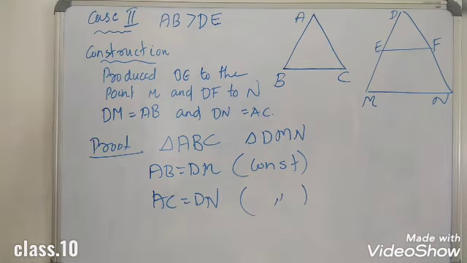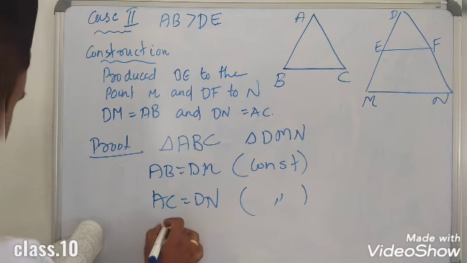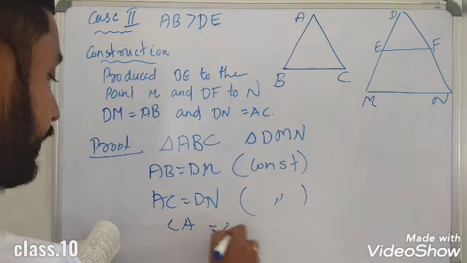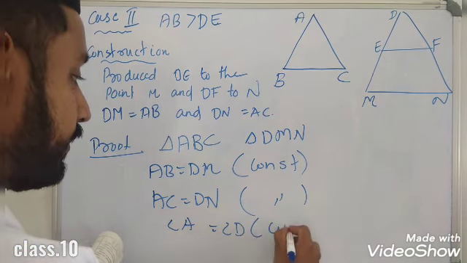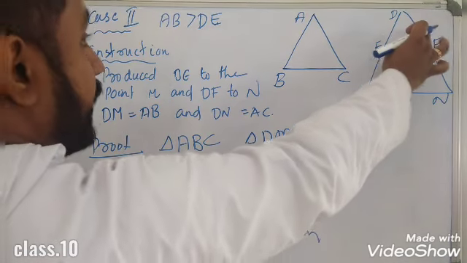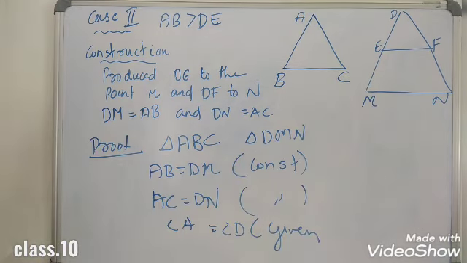Then according to the theorem, all the angles are equiangular, so angle A is equal to angle D. That is given. So two sides, AB, AC, and DM, DN, including angle A and angle D.